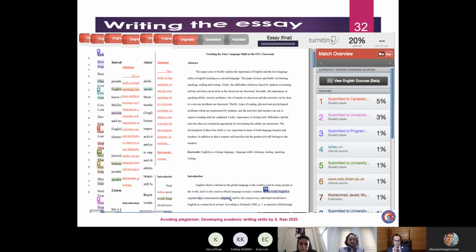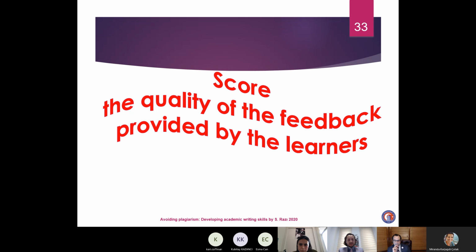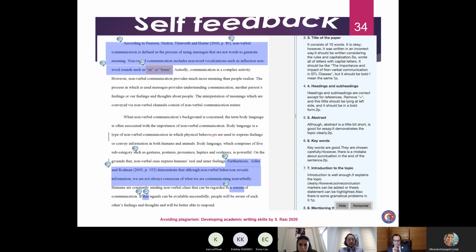Here you see how the assignment procedure works for any student. They will be submitting several assignments so that I can score them. I also ask my students to provide self-feedback on their papers by taking my rubric into consideration. Suppose you are the teacher, what do you think about the unity of your paper? The flow of ideas of your paper?